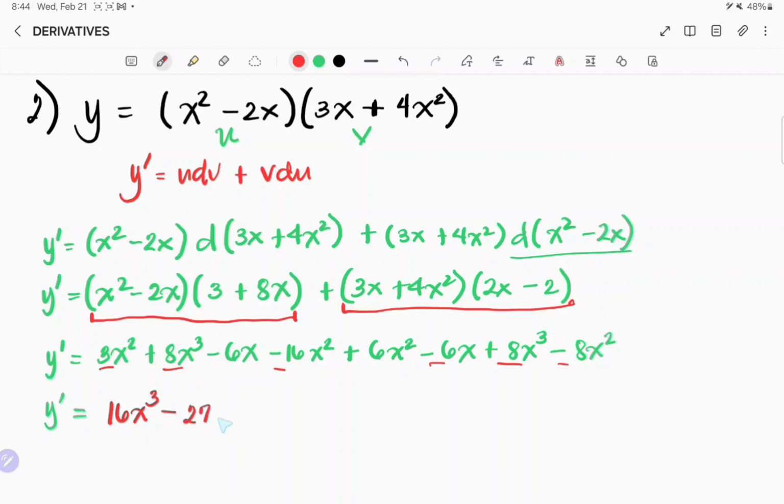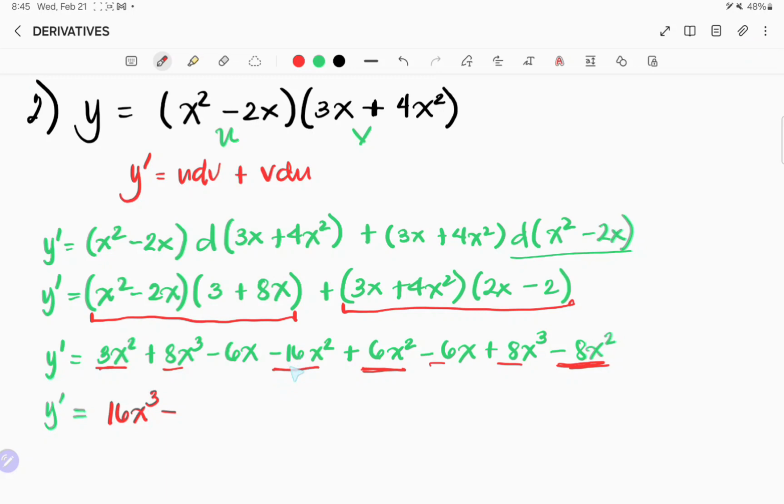Negative 27x squared. Oh no. So we have to combine only 3x squared, negative 16x squared. This is positive 6, and this is negative 8.